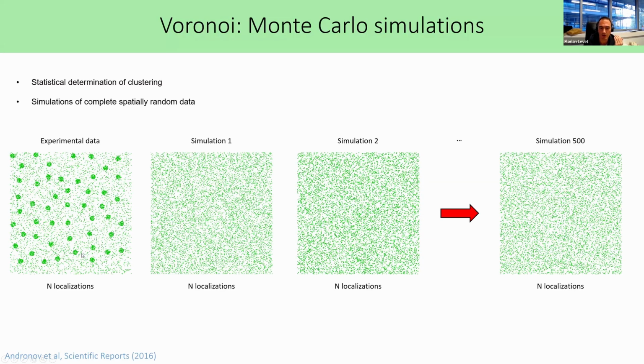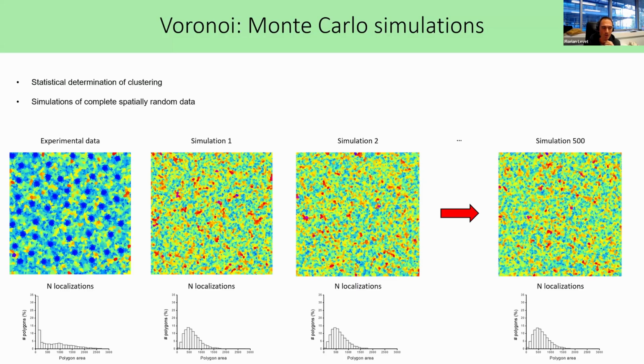You can now simulate complete random distribution of the localization, complete random spatial distribution of your localization, and you can do that, for instance, 500 times, and it will give you this kind of data sets. You compute the Voronoi diagram, you use the area of your Voronoi cell, and you plot that.